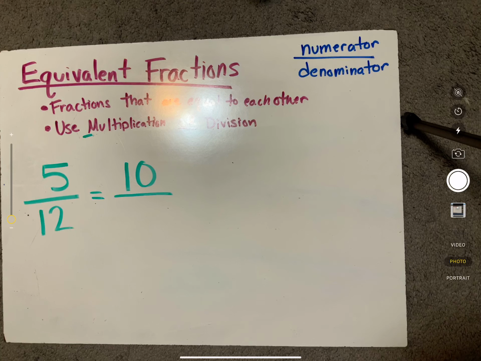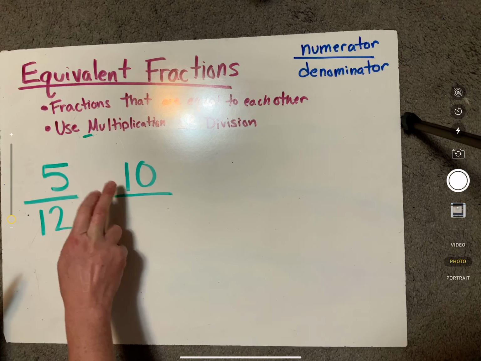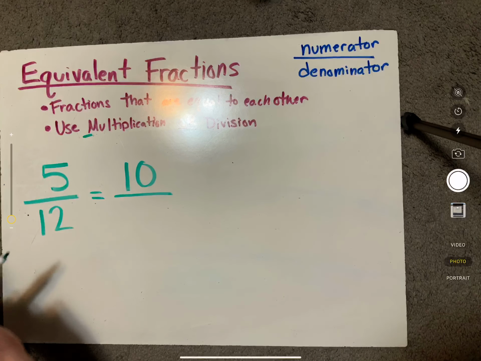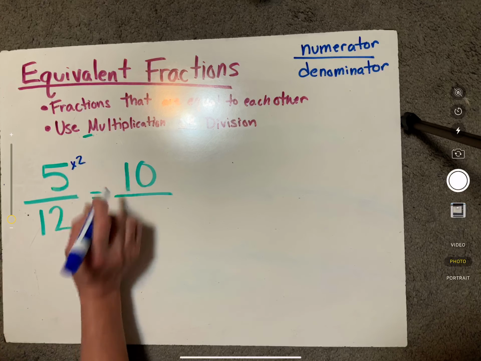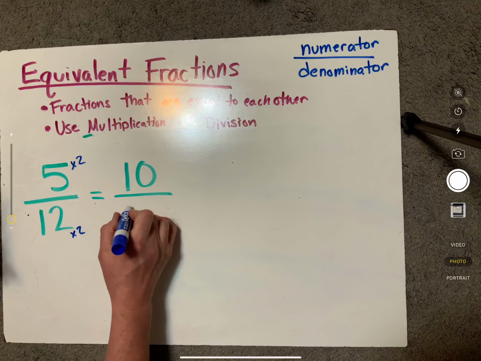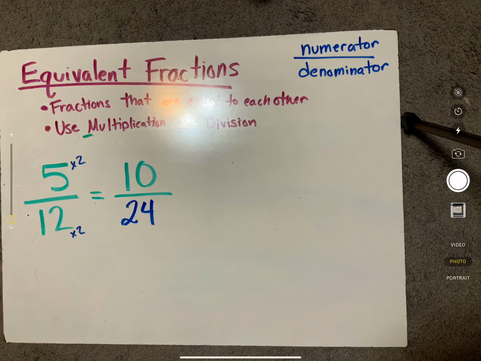Now, remember, you have to do the same thing to the numerator as you do to the denominator. So we have some clues here. How would we get 10 from 5? 5 times what would be 10? 5 times 2, right? So now we have to do the same thing to the bottom. 12 times 2 would be 24. Okay, so you can use the clues from parts that you know to get to the other parts.